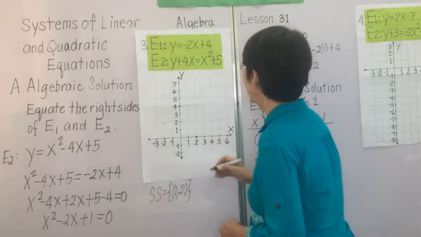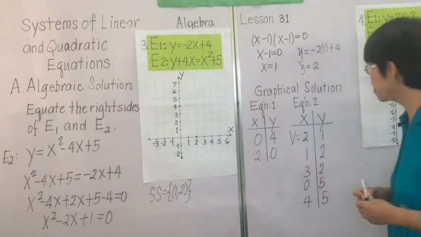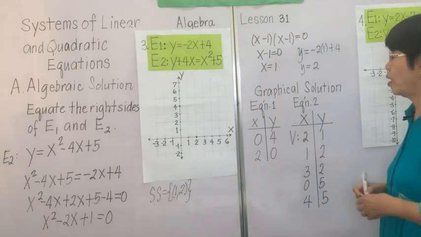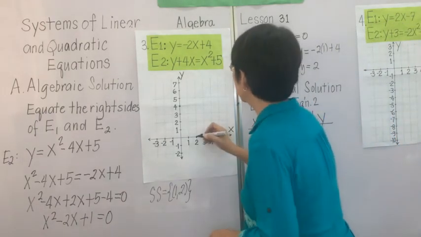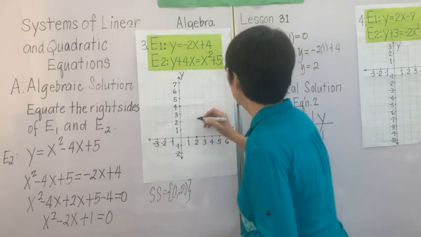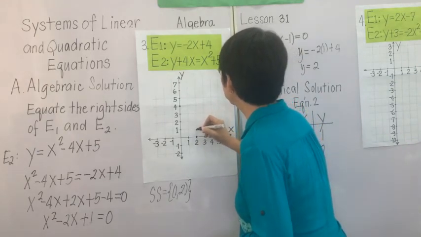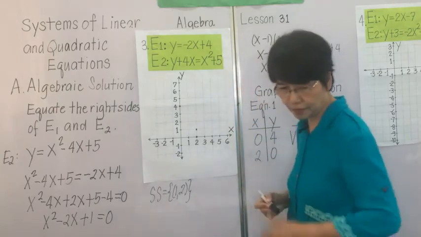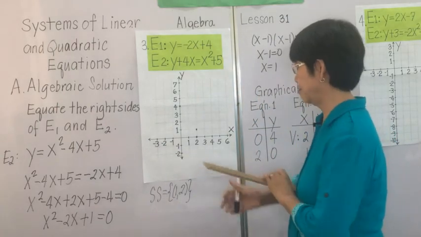Okay, and then we have (2, 1). We will first graph the line.